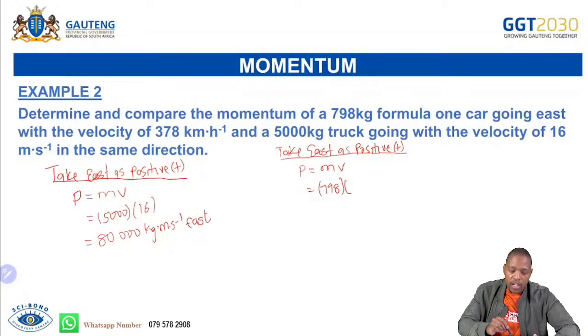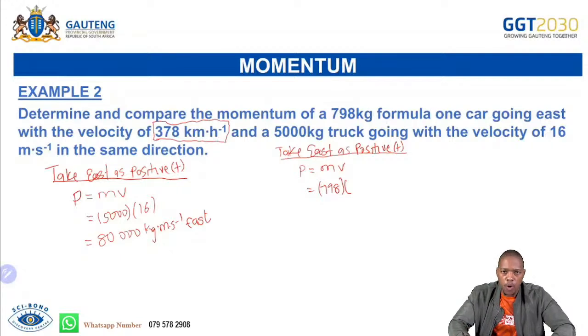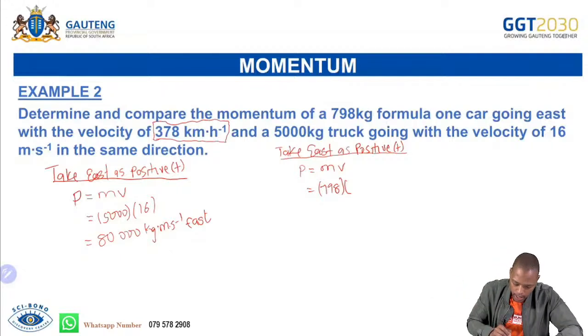However, you would notice that our velocity is 378 kilometers per hour, which is another skill coming from lower grades. You must be able to convert kilometers per hour to meters per second. So how do we do that? Simply take 378 times 10 to the power 3.